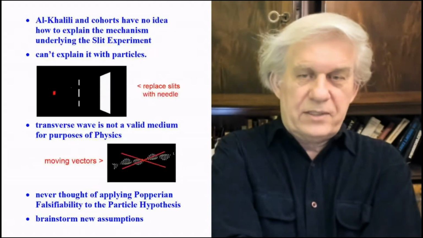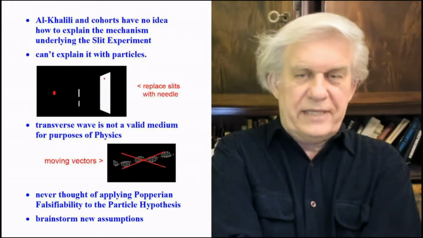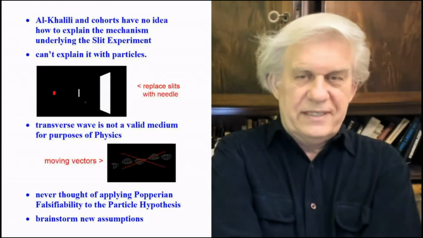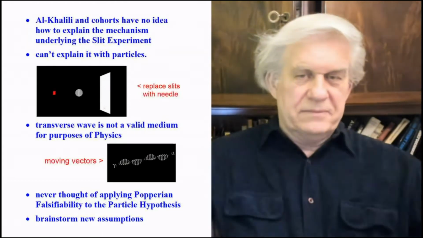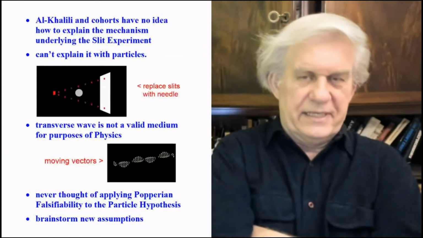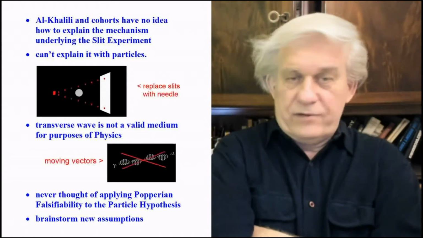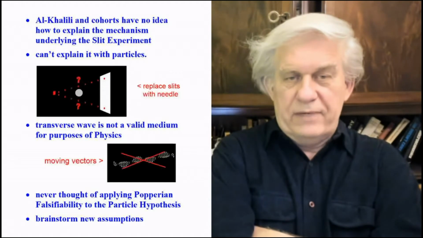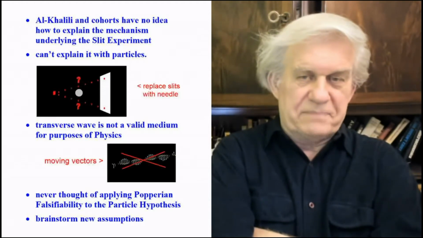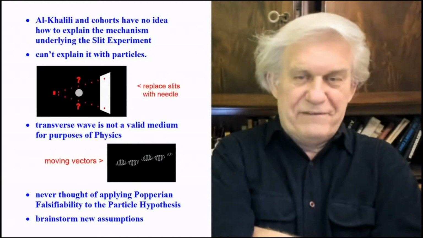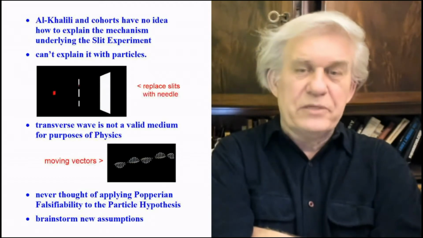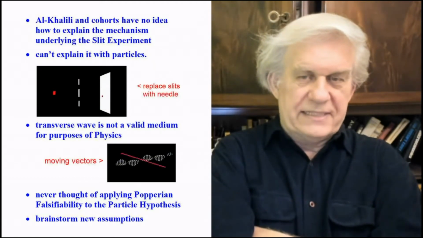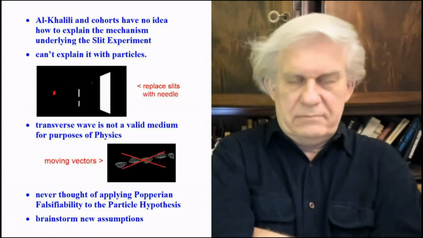According to quantum, if you're going to send those little particles, they have to bounce against the windowsill of the slits. And of course, when you remove that, well, then what's your explanation? Especially if, like I showed the other day, you can reproduce the slit experiment with just a needle.